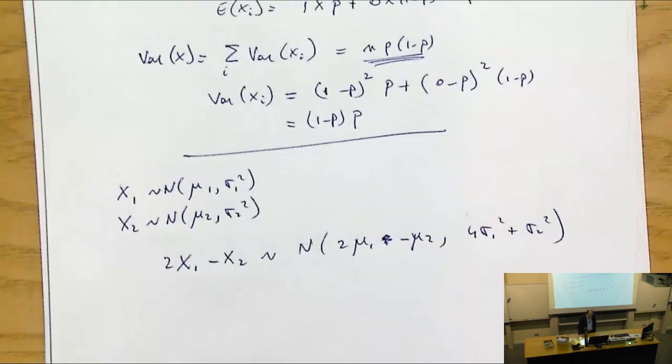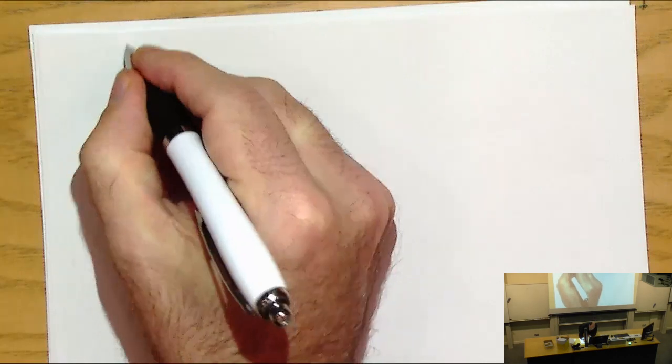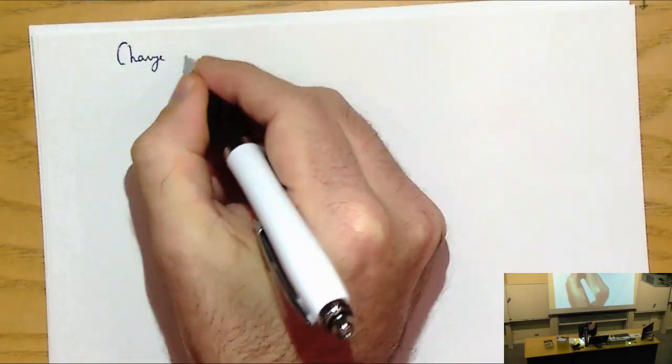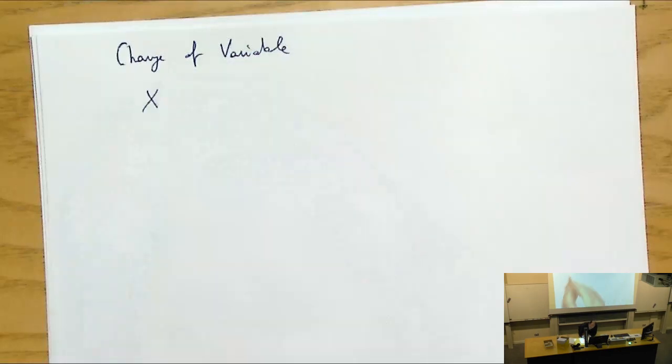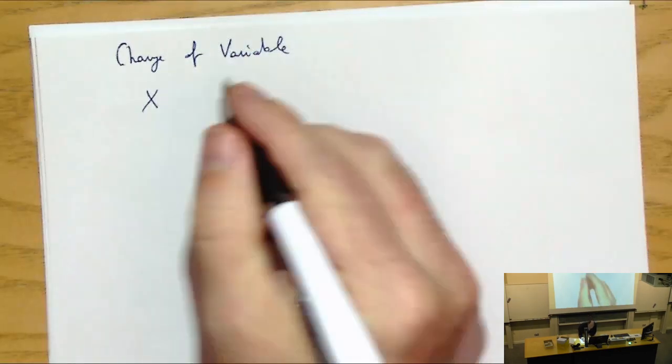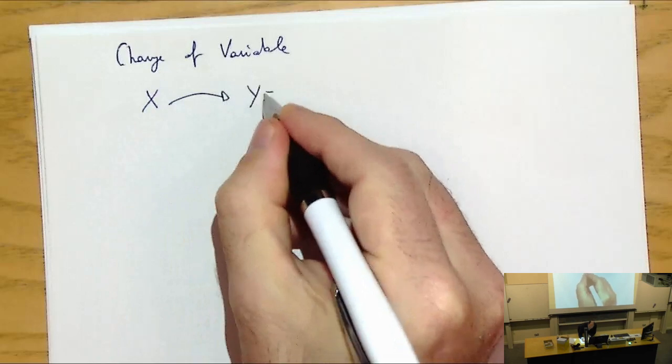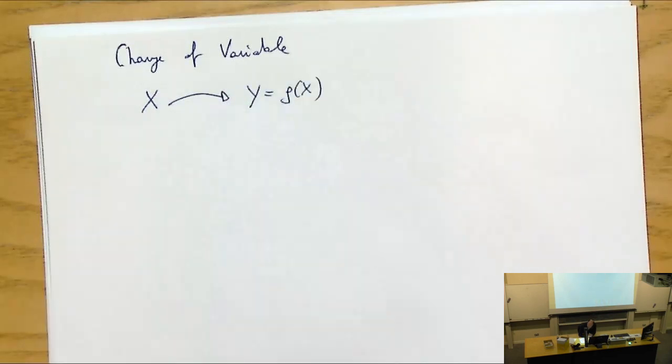Okay, so let's look at change of random variables, and this is something we played with a little bit in the context of one random variable. So we had a random variable x, right? And we were interested in another random variable that was g of x, right?